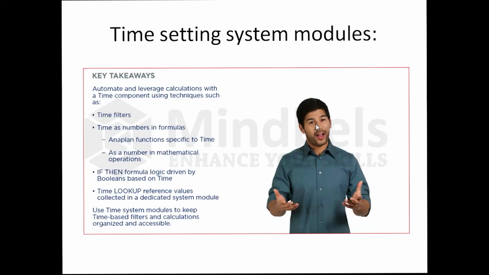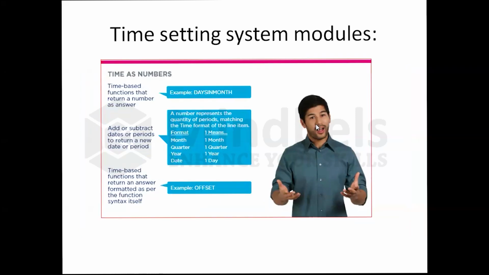I was just explaining with one example. Now if you see here, time as a number: time based functions that return a number, and the answer, days in month. There are a lot of functions related to time in Anapedia, right?